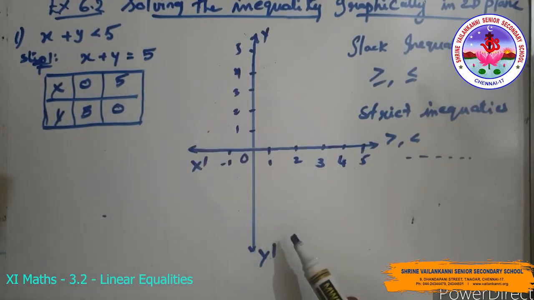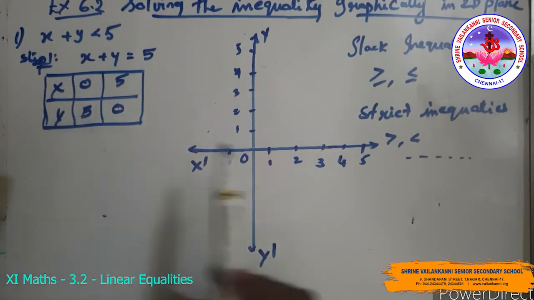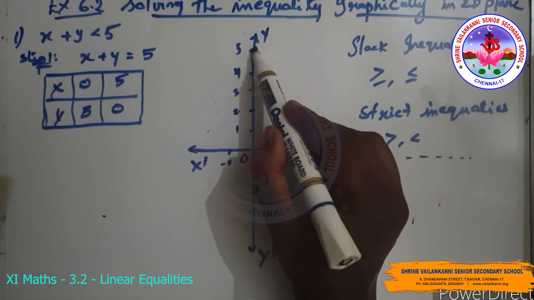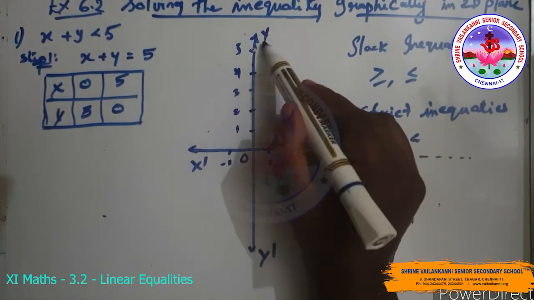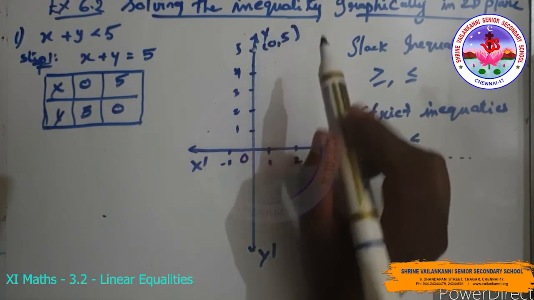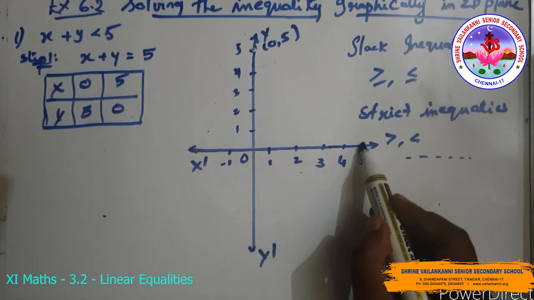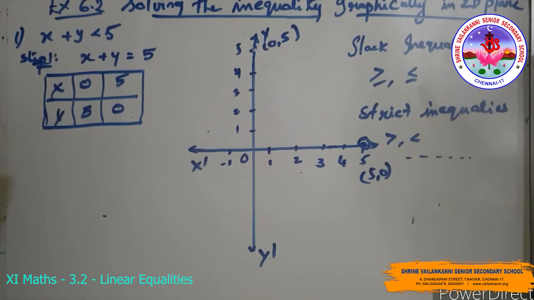Now we will plot the graph. When x is 0, y is 5, so (0, 5). And when x is 5, y is 0, so (5, 0). For strict inequalities, the graphical representation is given as a dotted line.